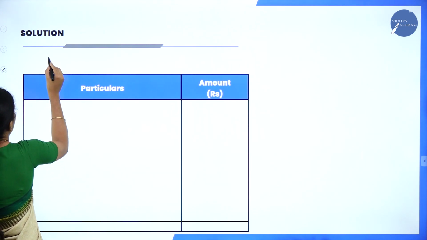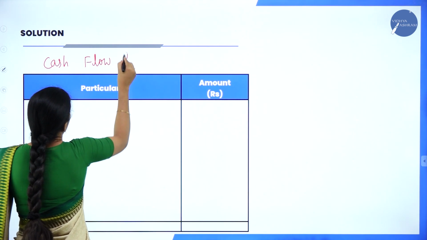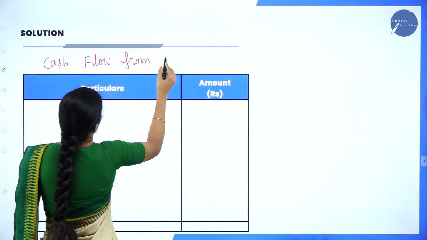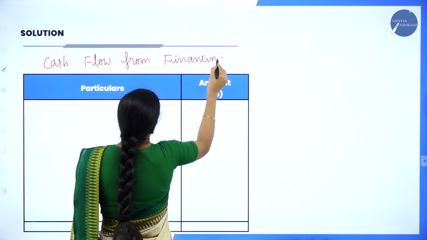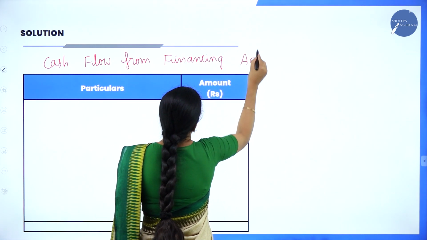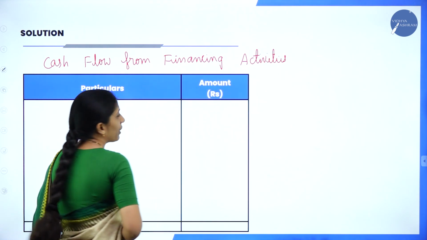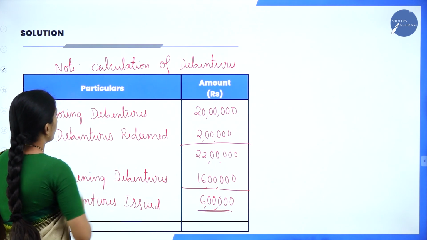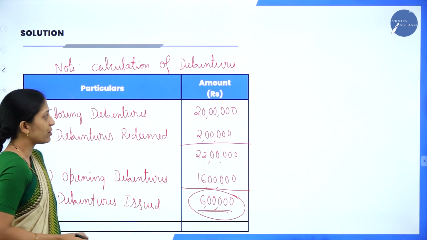Now here you have to write cash flow from financing activities. So this was a note. You have to take this amount as issue of debentures.